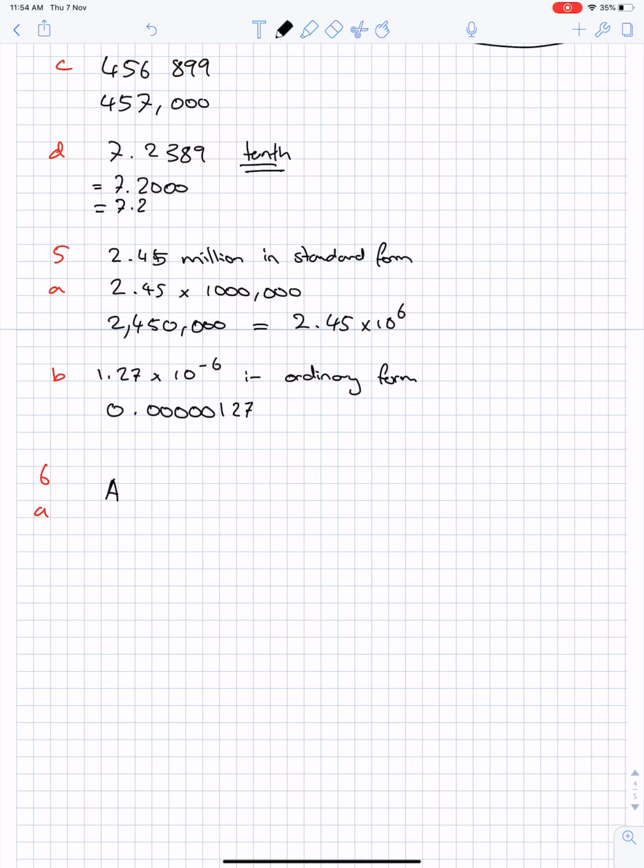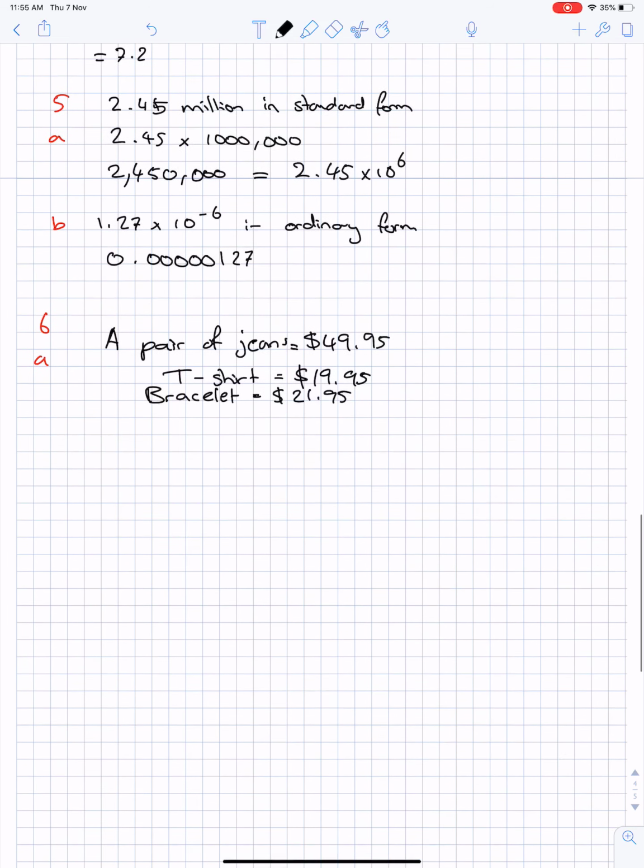So a pair of jeans for $49.95, a t-shirt for $19.95, and a bracelet for $21.95.